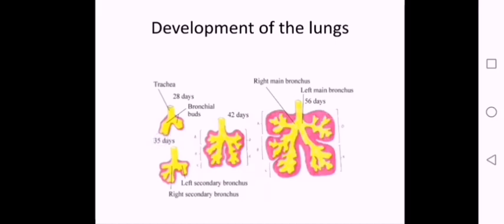These buds grow laterally into the pericardio-peritoneal canals, which are the primordia of the pleural cavities. Then secondary and tertiary bronchial buds soon develop.